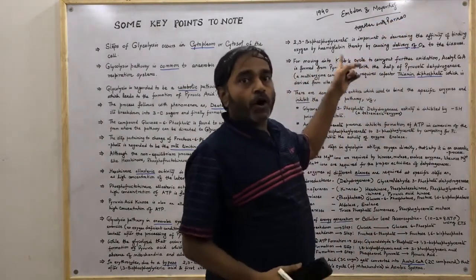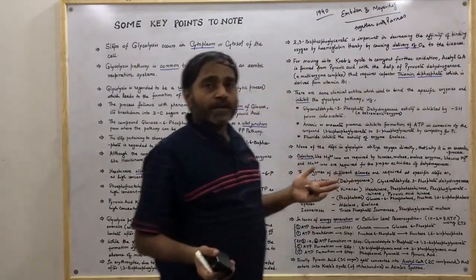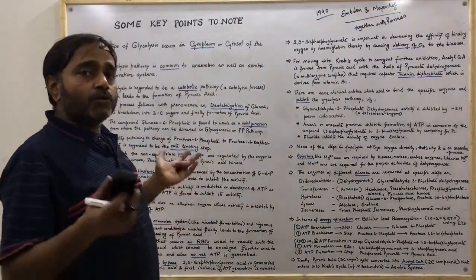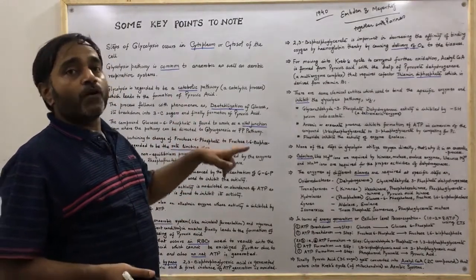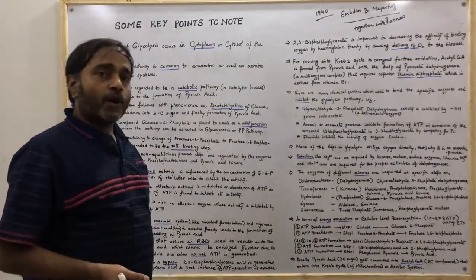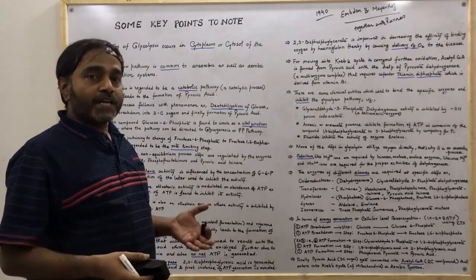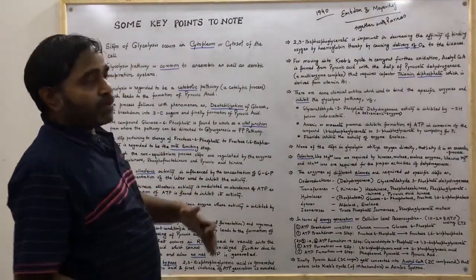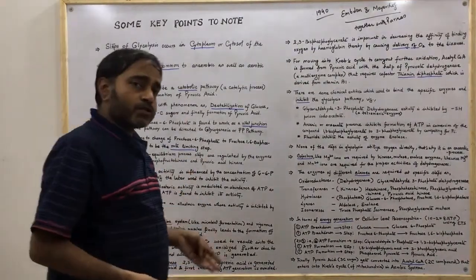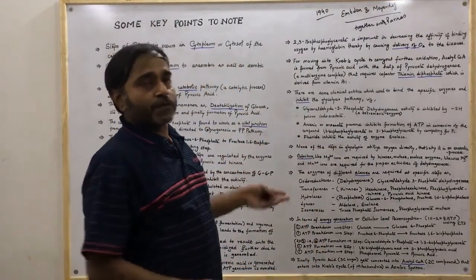That's why it is also called the Embden-Meyerhof pathway. In this pathway, we have seen how the different catalytic steps operate for the oxidation or breakdown of glucose, which is the vital compound for providing energy to organisms. We have also seen several factors which affect the steps of this process.